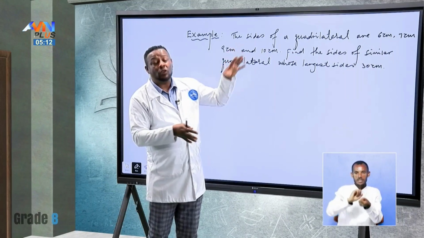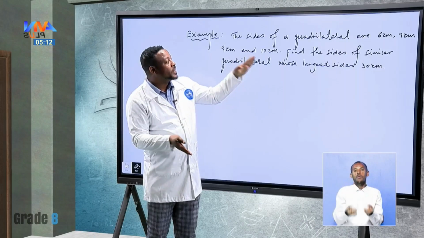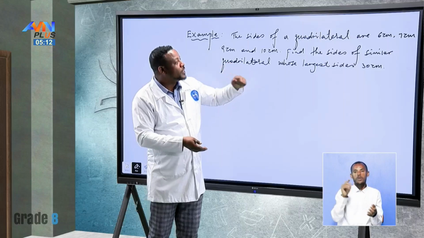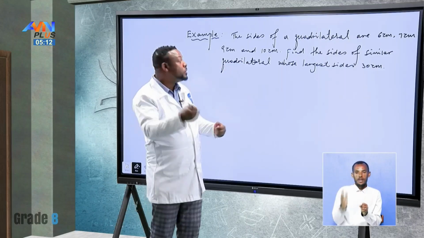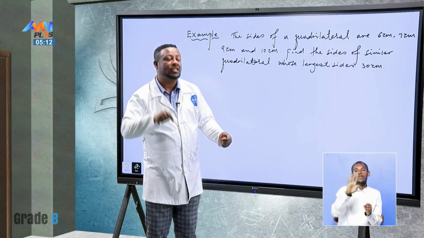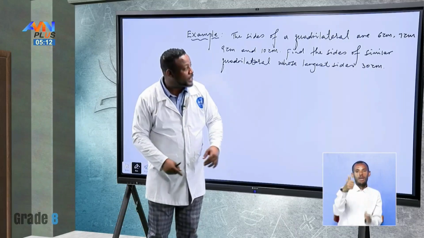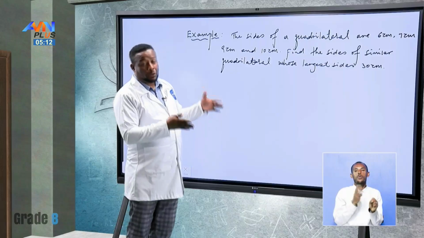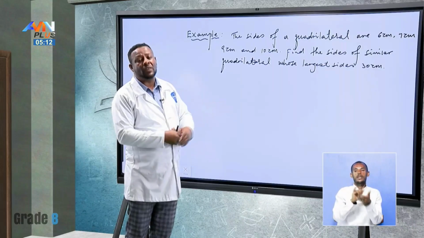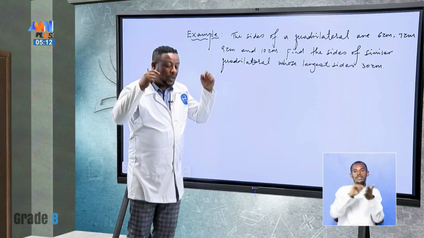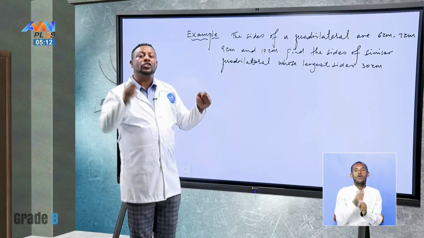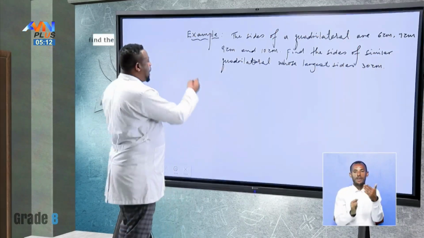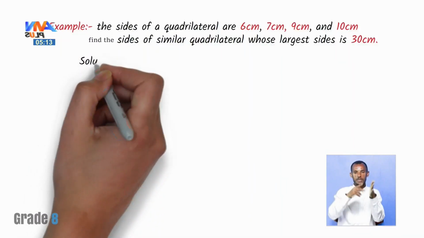There is a certain known quadrilateral whose sides are 6, 7, 9, and 10, and you are asked to find the sides of a similar quadrilateral whose largest side is 30 centimeter, right? So we will follow the procedure that we have seen in the previous example. That means we need to apply one of the conditions of similar plane figures, right? So this is how we do.